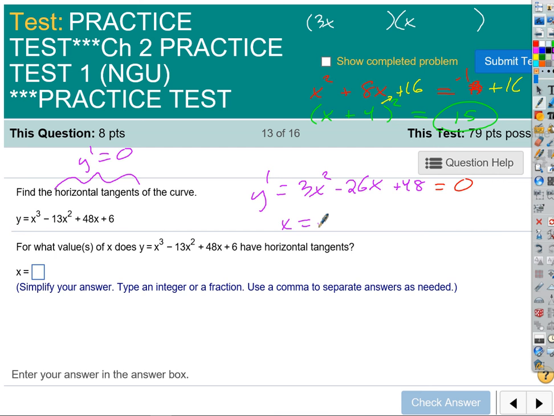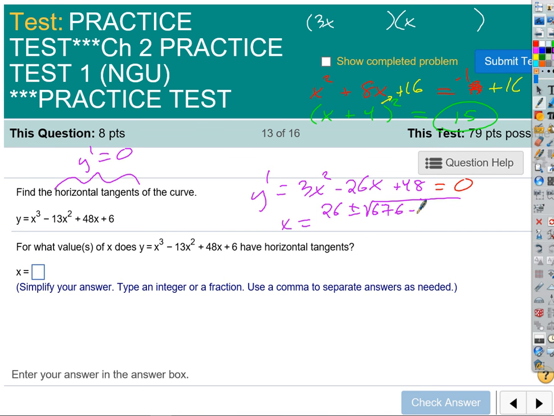X equals, remember it? 26 plus or minus the square root of 26 squared minus 4 times 3 times 48, all over 2a. There you go. Okay, so 26 squared, you could do the last one, that's 625 plus 51, 676.